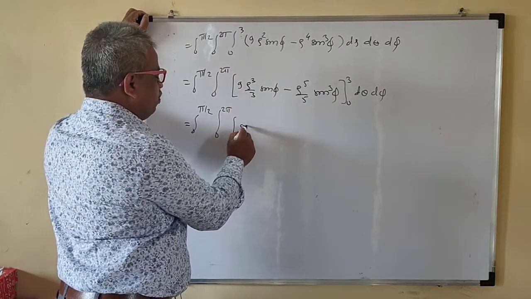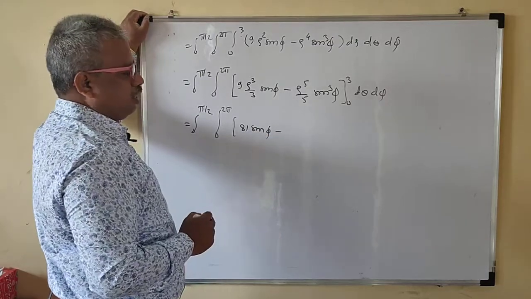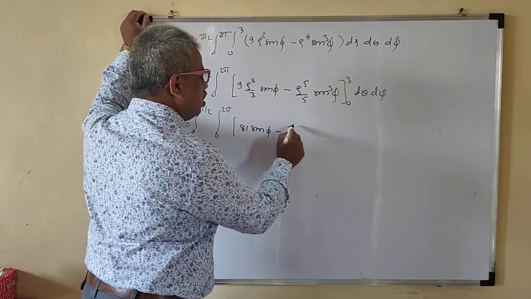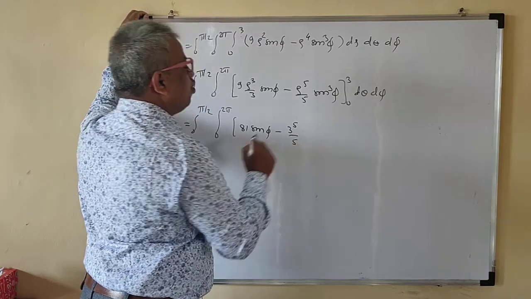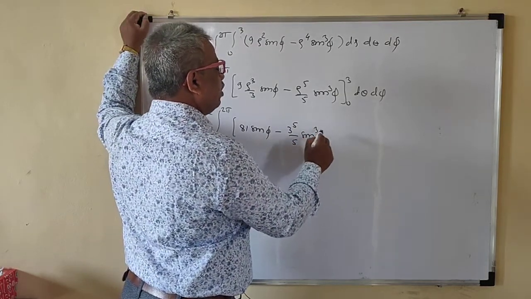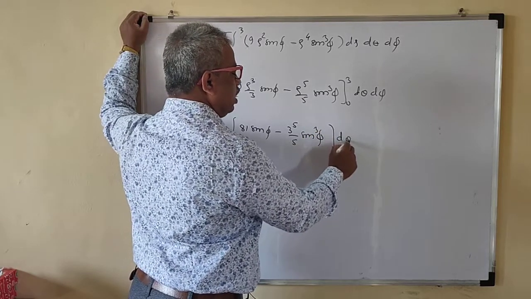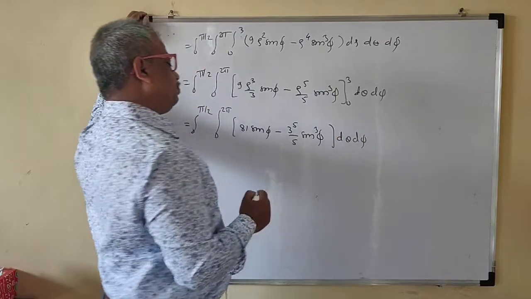So this is 81 sin phi minus 3 to the power 5 upon 5 sin cube phi, d theta d phi.